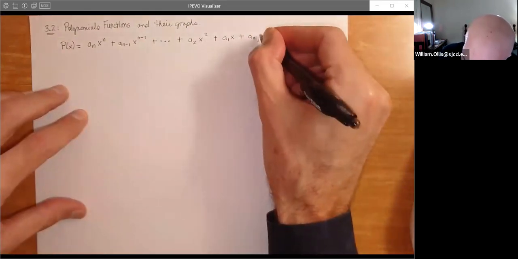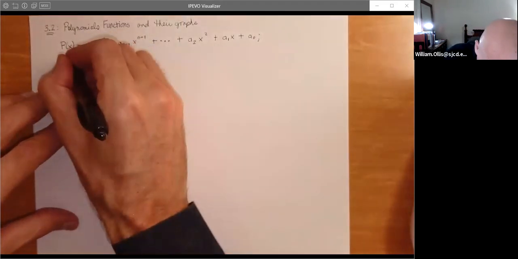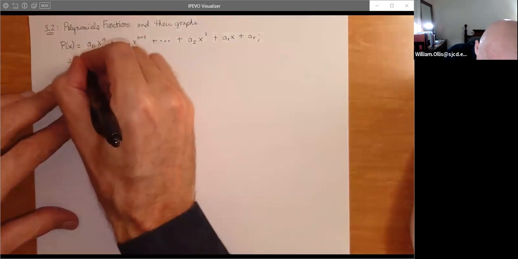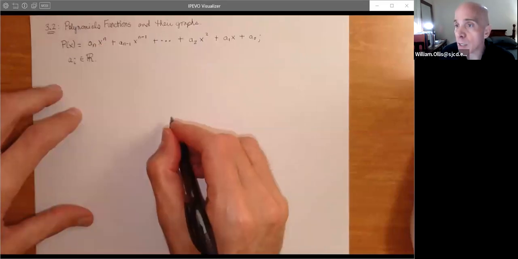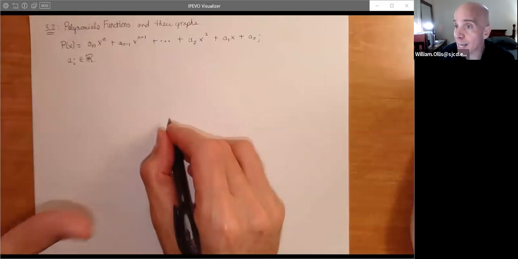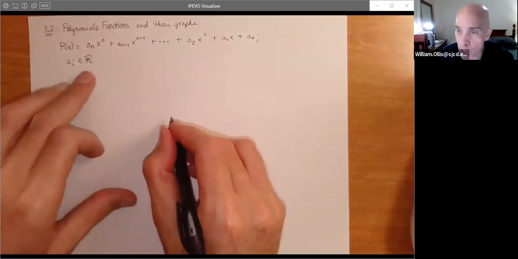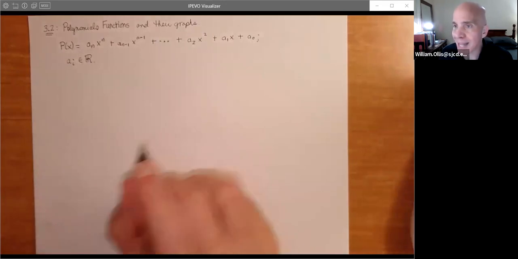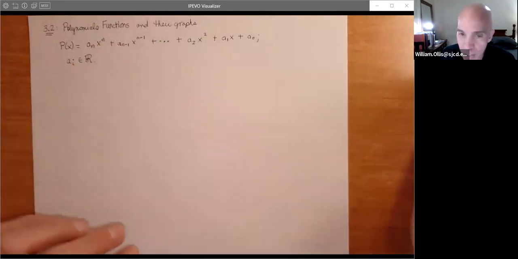In this case, usually we'll just have our a sub i to be real numbers. It's certainly possible to have a polynomial with imaginary coefficients, and that's fine. We're going to have imaginary zeros, but we're probably not going to focus so much on imaginary coefficients, but that's certainly possible, and I will mention that. But for now, we'll just stick with the reals.